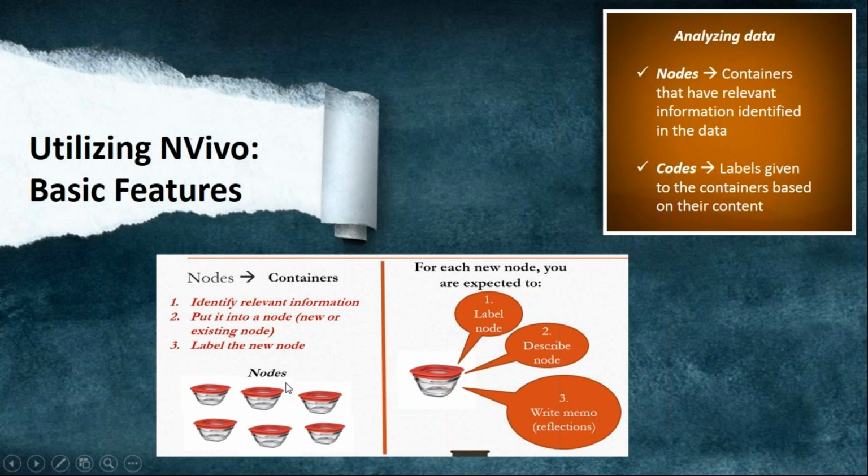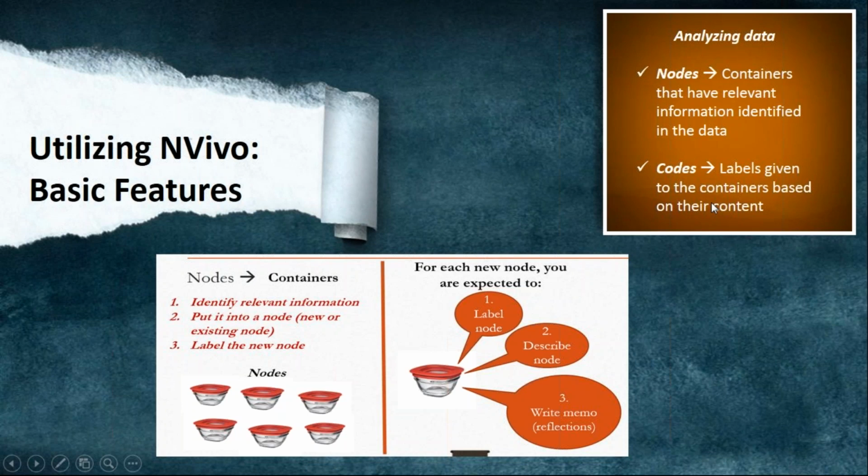Just think about it this way. You have identified significant information. Then instead of assigning labels to them, first you drop them into a specific container and then you label it. Got it? So nodes are just containers where you drop the significant information.